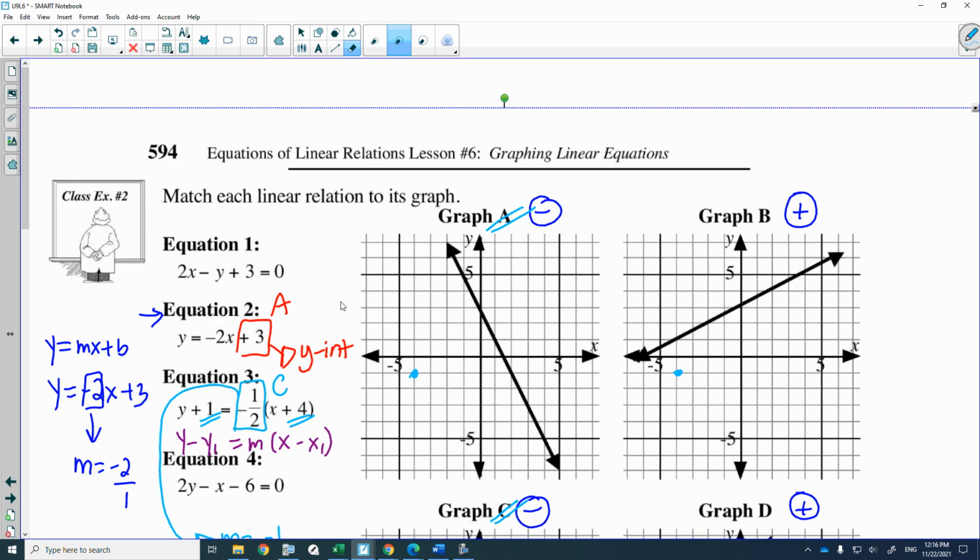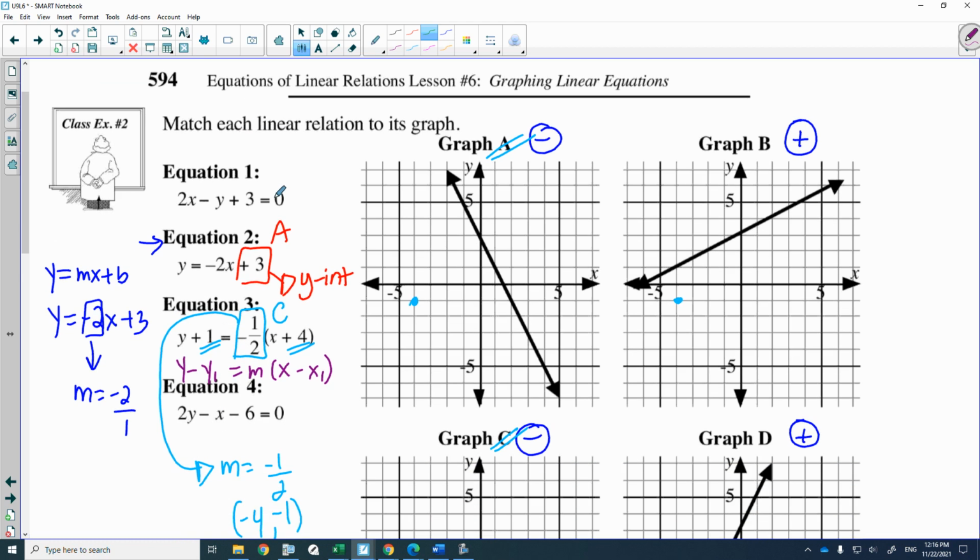Let's figure out equation 1. So hopefully equation 1, you just have to realize you are in general form, right? So if you're in general, you got to get out of it. Get into y is equal to mx plus b. Kyle, do I keep the y there or do I move it?